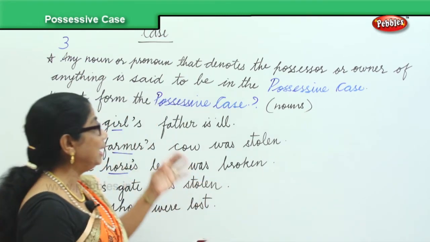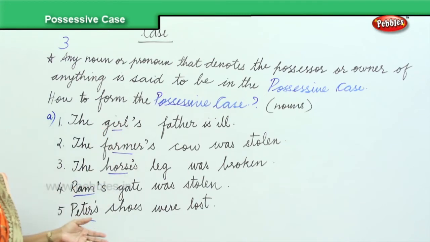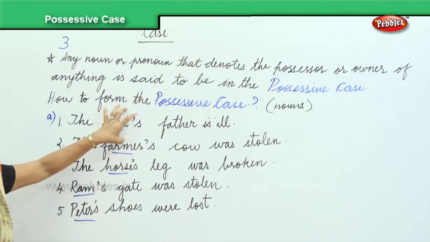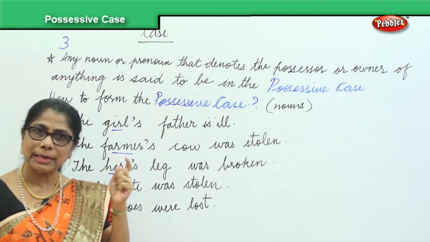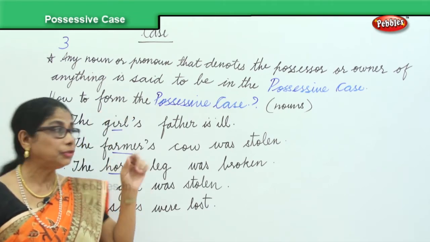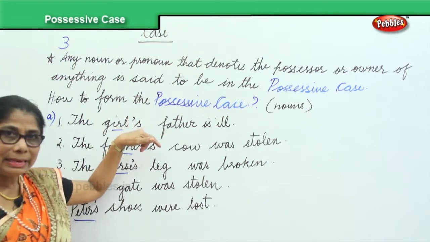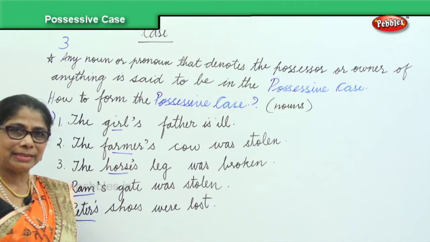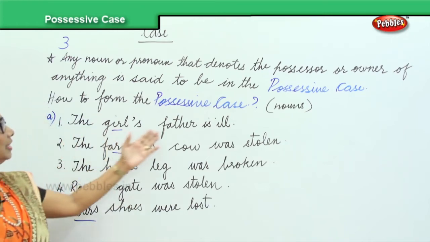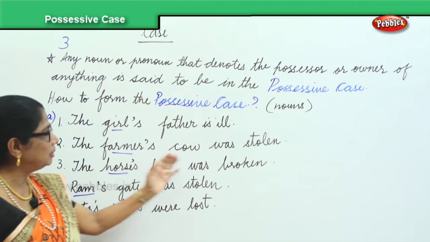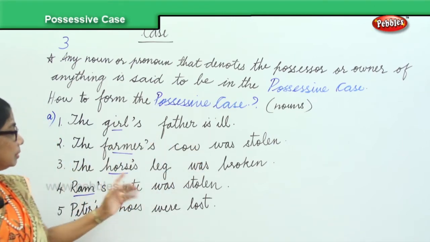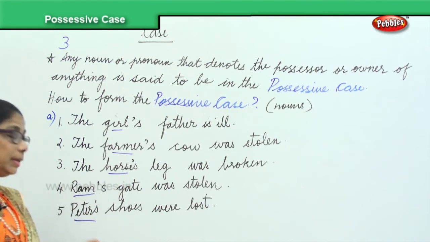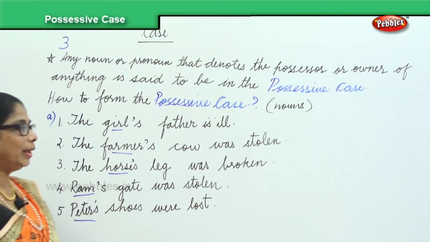So that's how we form the first type of possessive case. All the nouns are singular. We put an apostrophe and add an S in forming the possessive case. So we have girl's father is ill, the farmer's cow was stolen, the horse's leg was broken, Ram's gate was stolen, Peter's shoes were lost.